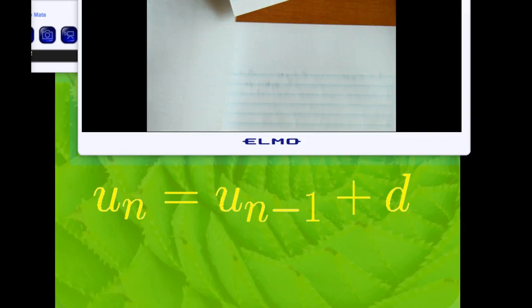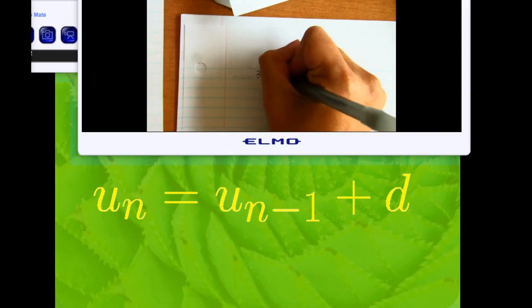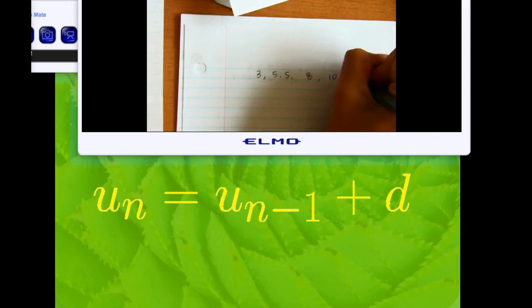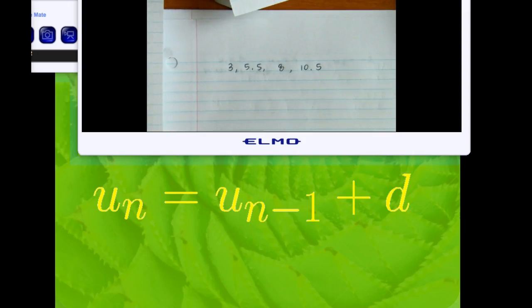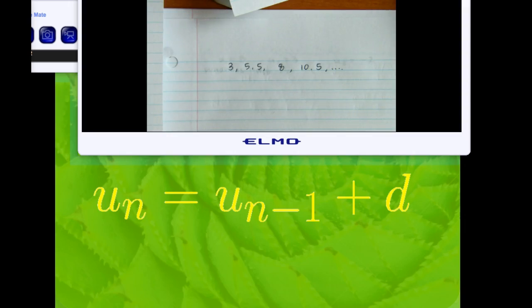So in that last sequence, and I'll recopy it up here, 3, 5.5, 8, 10.5. If I want to know the recursive form of that sequence, what do I need to list? What will the recursive form look like?